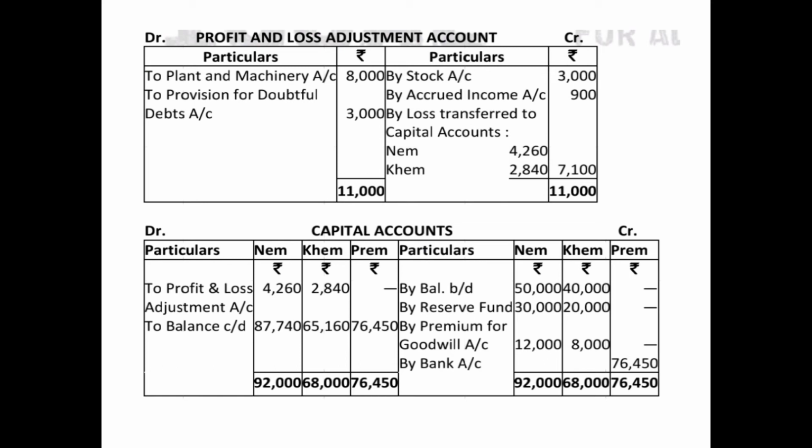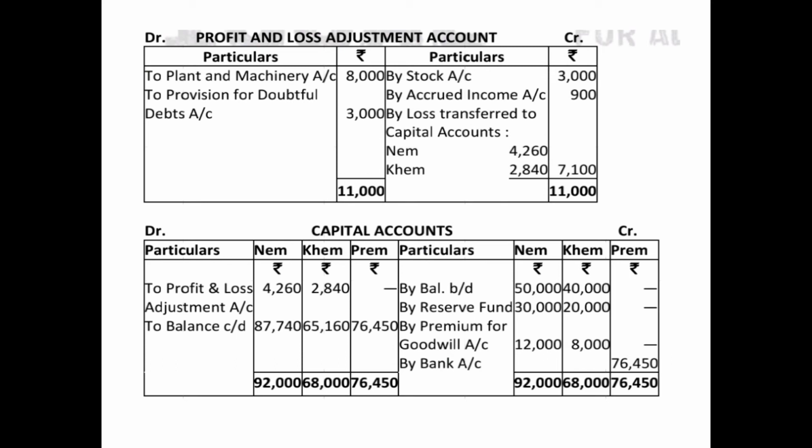Now we have to prepare the partners' capital account. Since we have to prepare the capital account of the new partner as well, on the debit side we have shown particulars and the amount column for the three partners, and the same we have shown on the credit side as well. On the credit side, first of all, we have shown the opening balances.